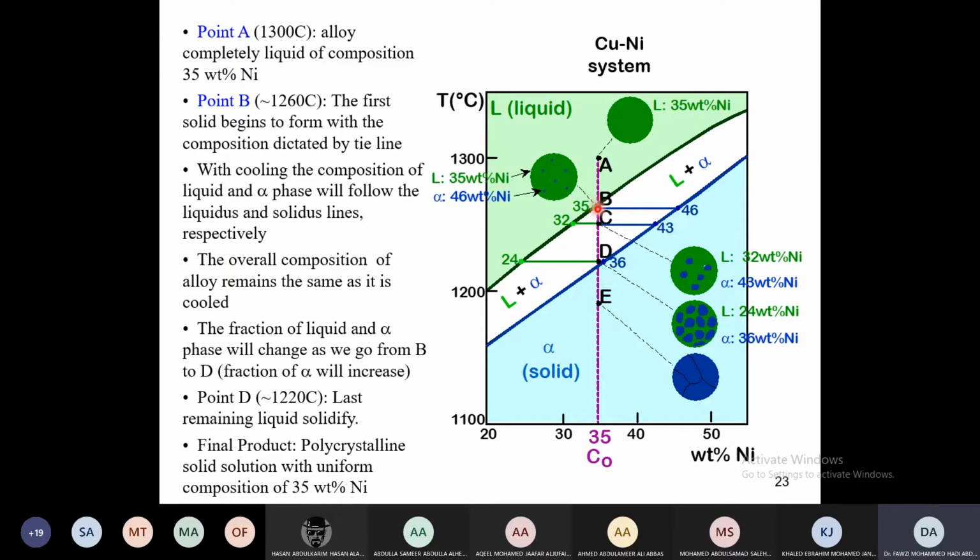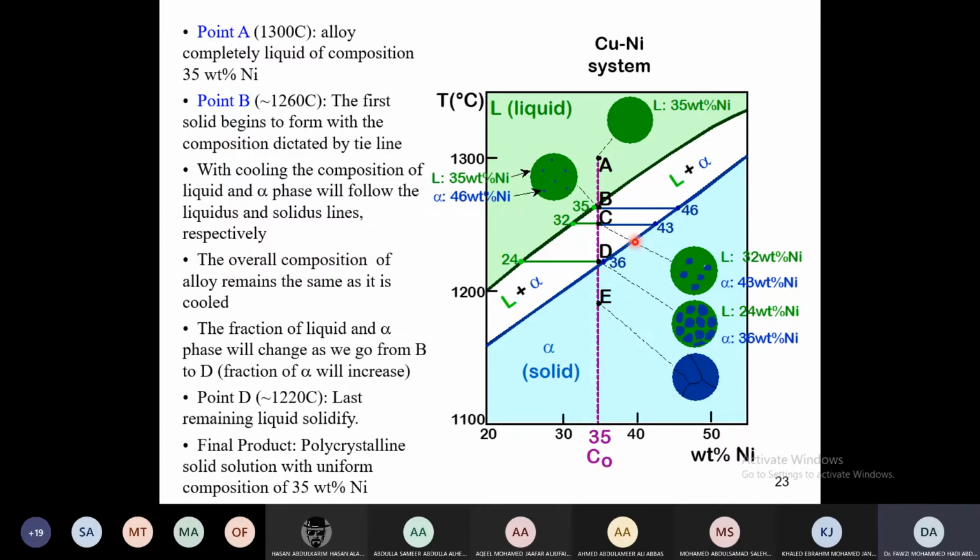But let us pay attention to this. As we go below that line, we have two phases, the alpha solution and the green, which is the liquid. At that point, what is the composition of the solid and what is the composition of the liquid? We just draw the tie line there.